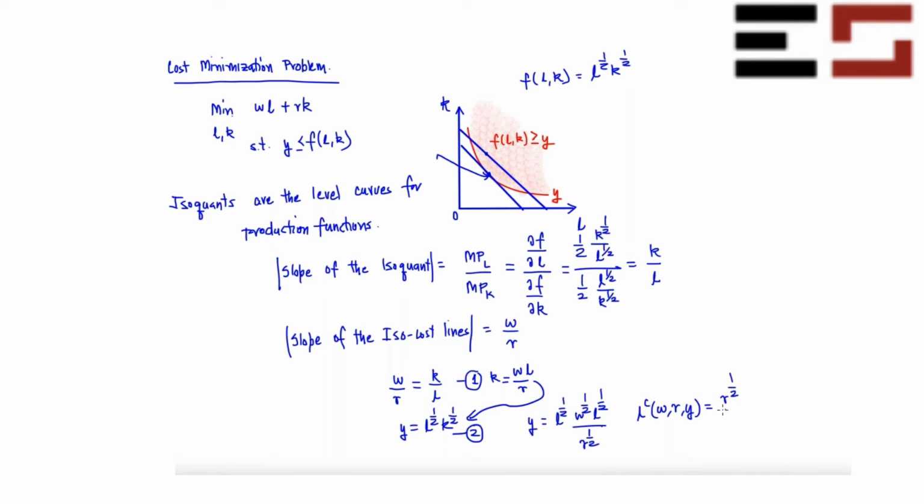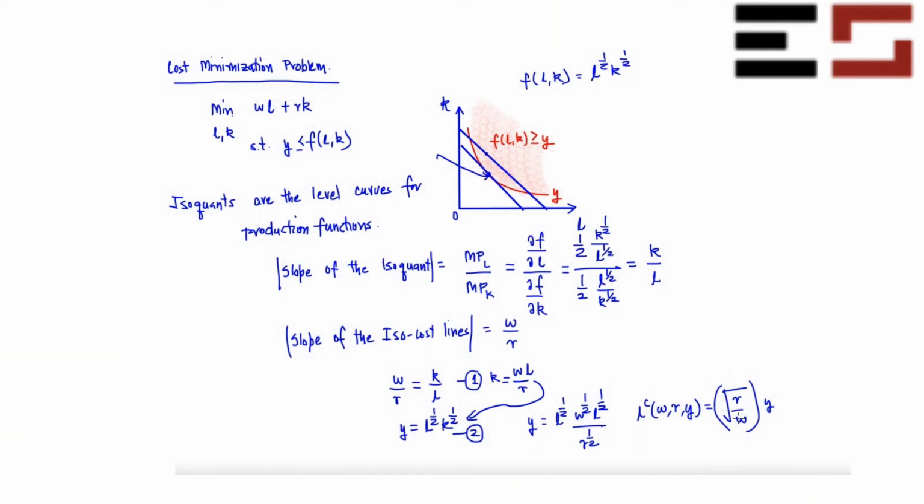R^(1/2) over W^(1/2) times Y. Just check, I think it should be this. I can rewrite this as the square root of R by W, into Y, right?